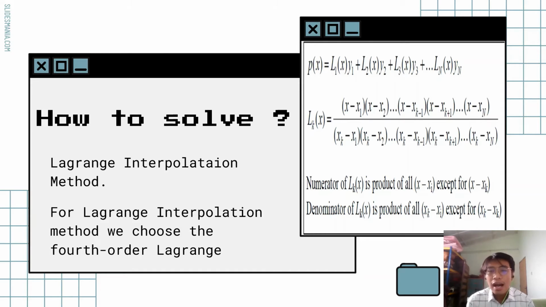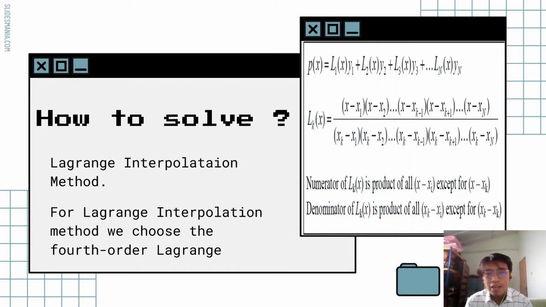So here is our formula for the Lagrange interpolation. As an example, we want to find the value of 100 in between 50 until 200.